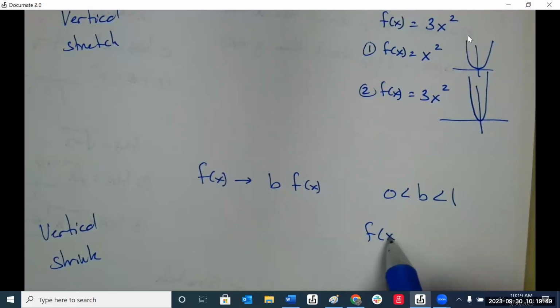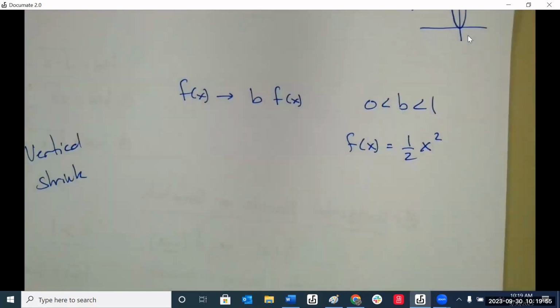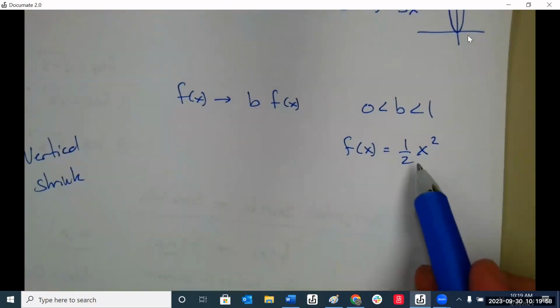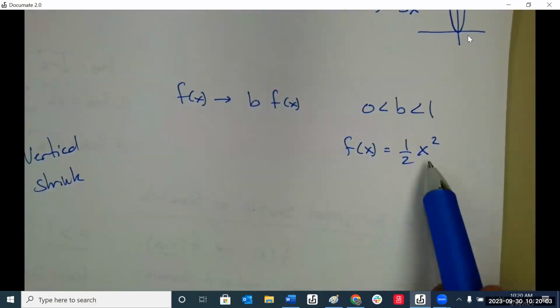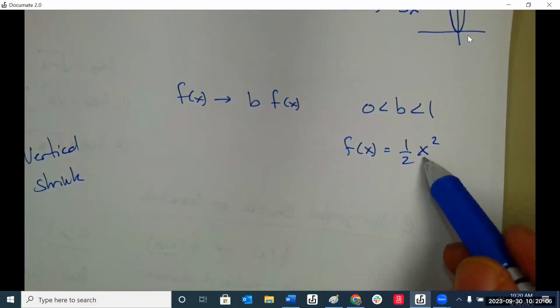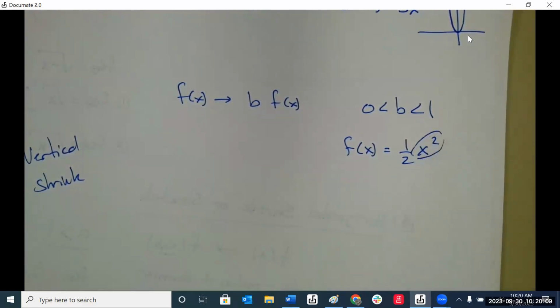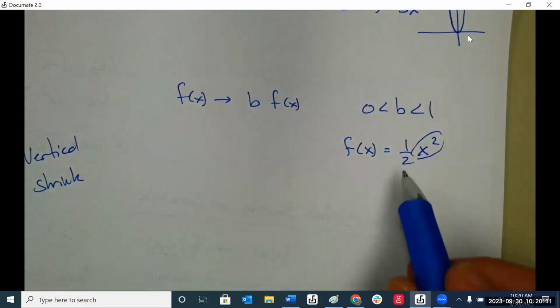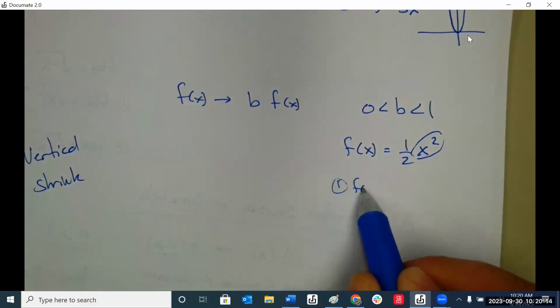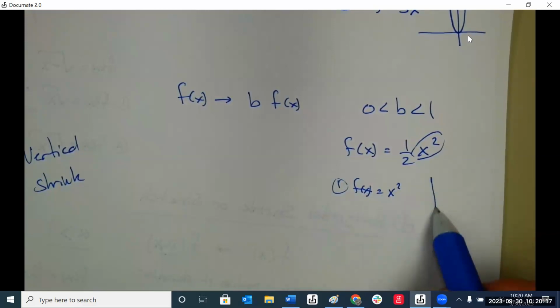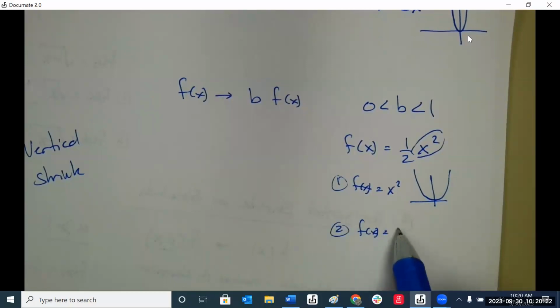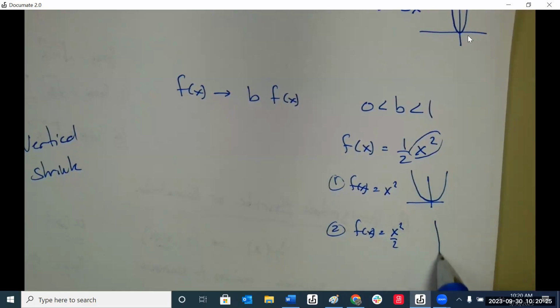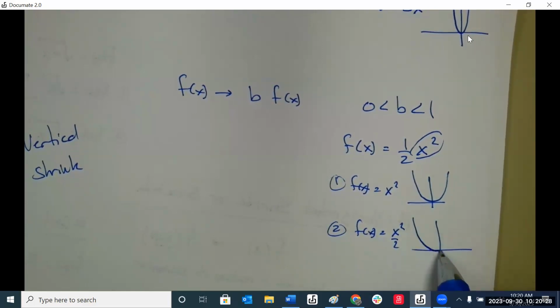So what's going to happen here, again, it's happening outside the function. It doesn't affect x because you have to do order of operations. You have to do the square first and then divide by 2. So what that's going to do, it's going to shrink it.